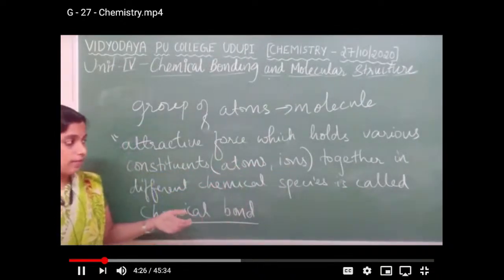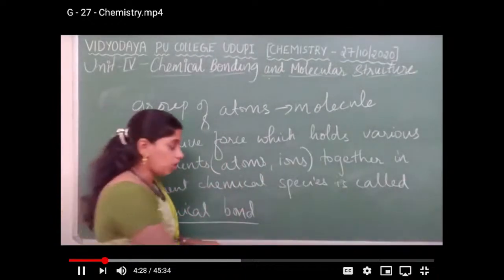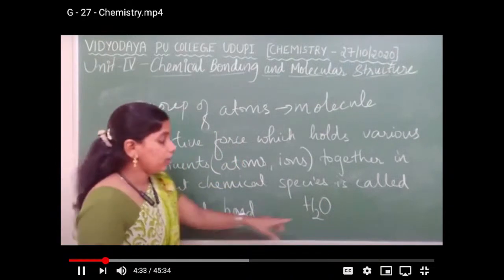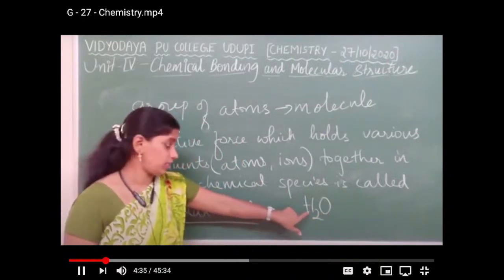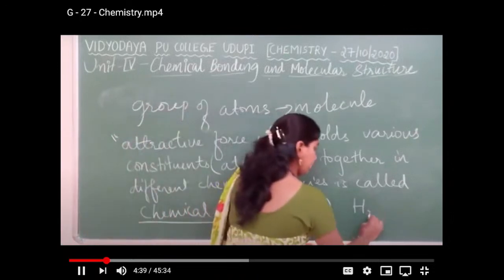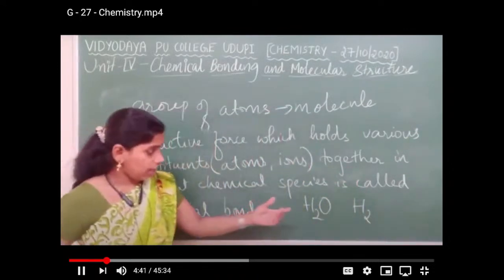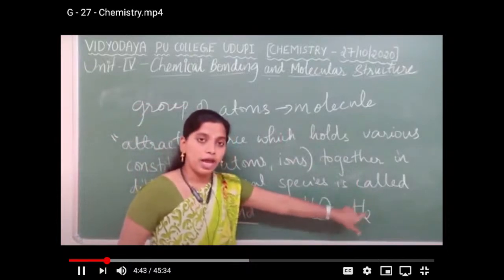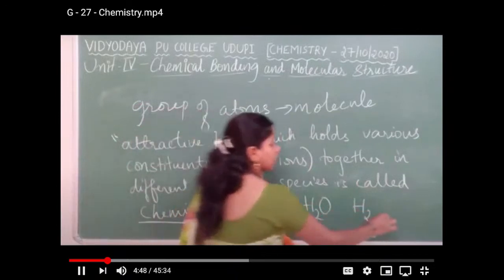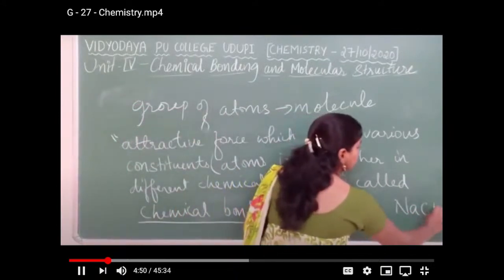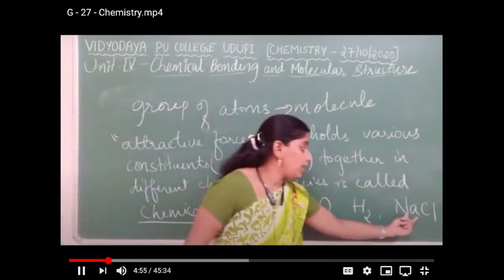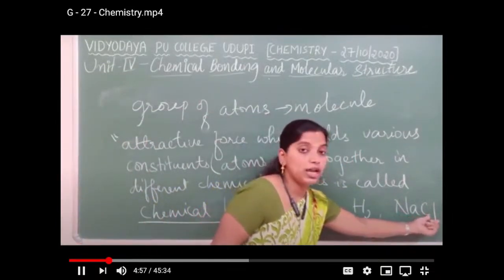As I said in the examples, if you take the water molecule, here there are two different atoms, one is hydrogen, another is oxygen. Or if you take the H2 molecule, both are hydrogen atoms here. If you take NaCl, sodium chloride ionic compound, here there is the Na plus ion and the Cl minus ion.